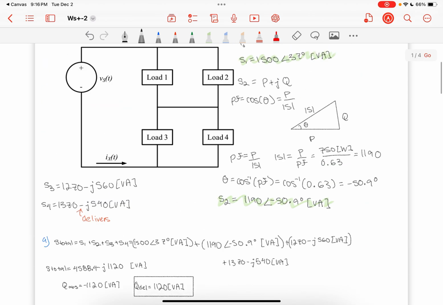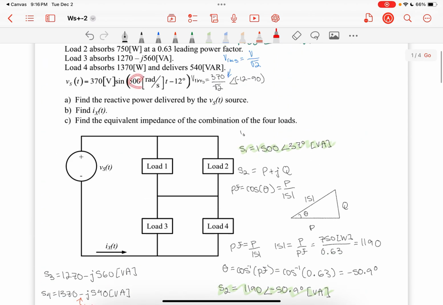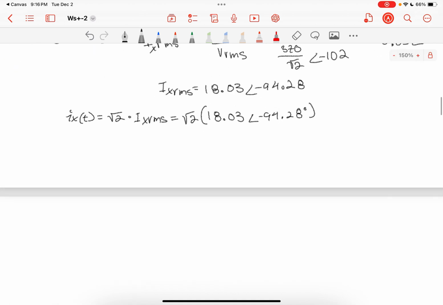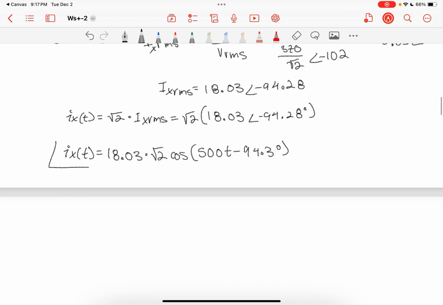And I'm going to use this number right here to write the actual equation. So Ix of t is equal to 18.03 times square root of 2 cosine 500t minus 94.3 degrees. So this is going to be the answer for part B.